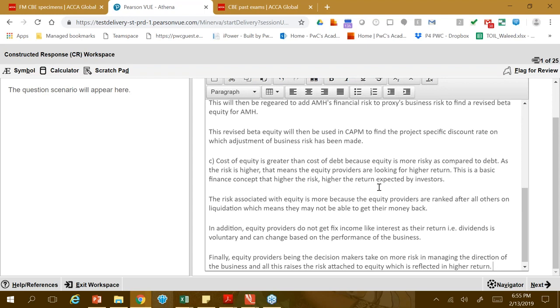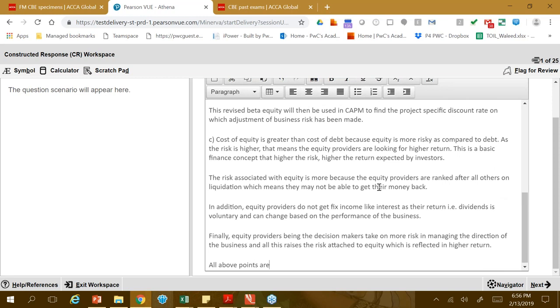All above points are the reasons why cost of equity is more than the cost of debt. And that's it. So 5 marks, and I have written enough here to secure all the 5 marks on this answer.